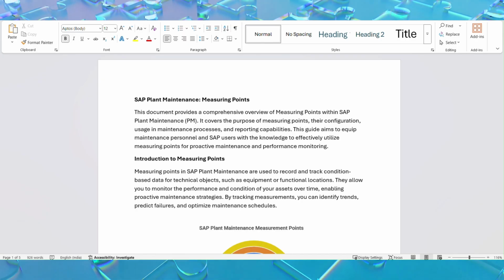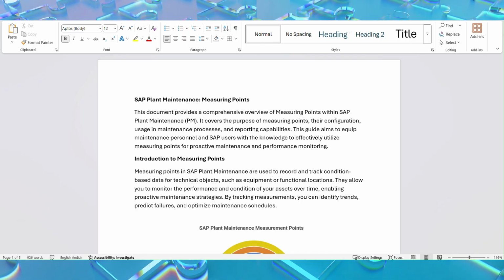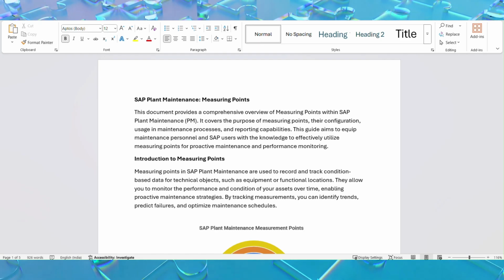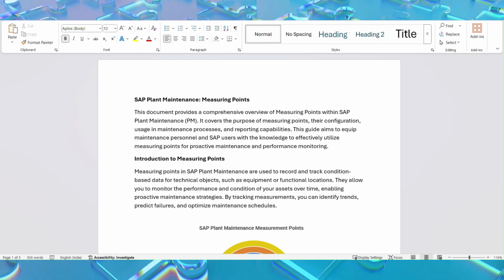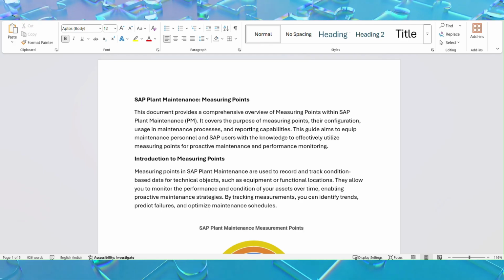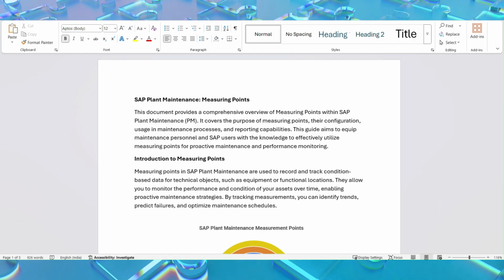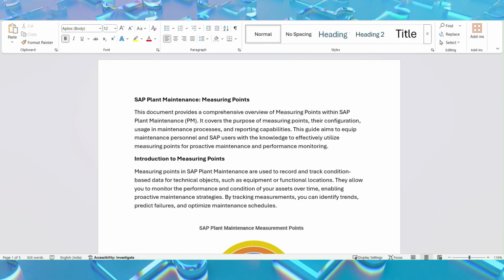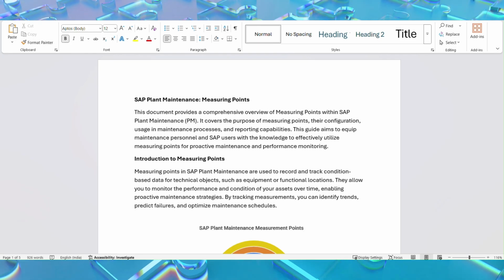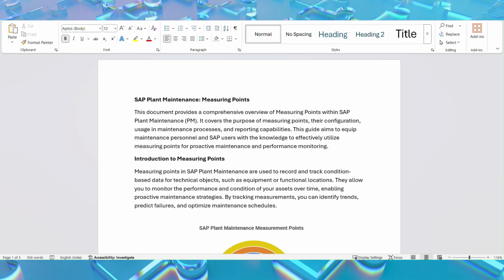What we are going to see here is how we can create performance-based data to track the performance and overall condition of the equipment or the functional location, and based on that we can plan the maintenance activities.